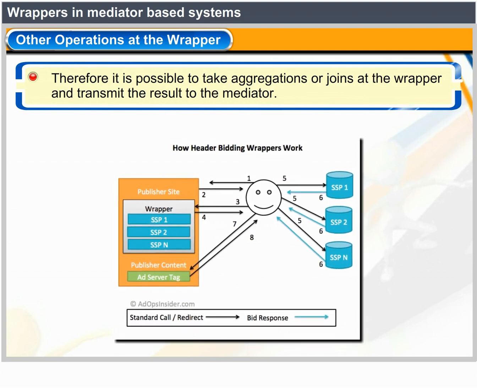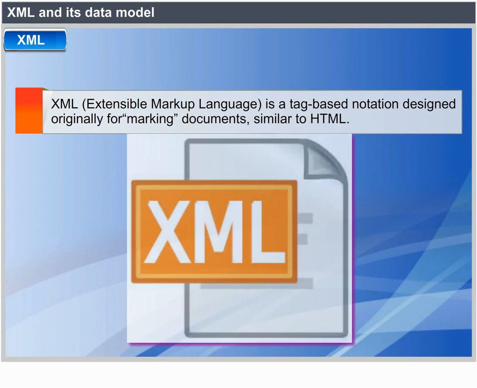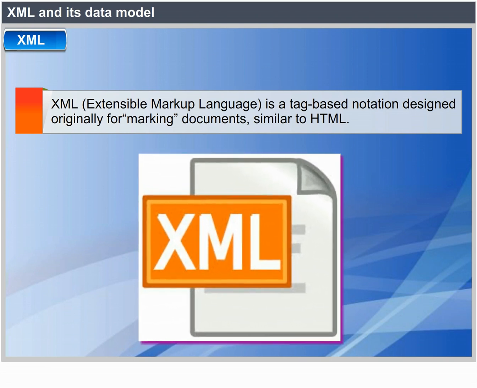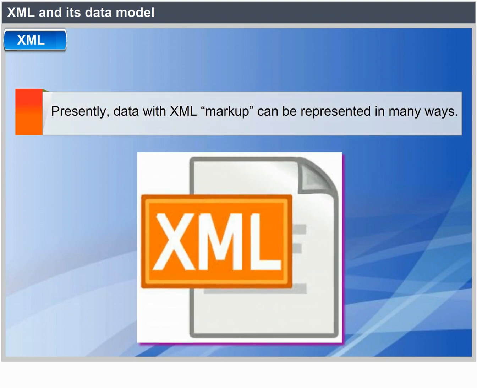XML and its data model. XML, Extensible Markup Language, is a tag-based notation designed originally for making documents, much like the familiar HTML. Nowadays, data with XML markup can be represented in many ways.